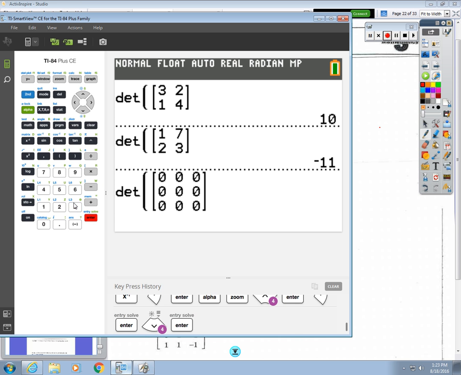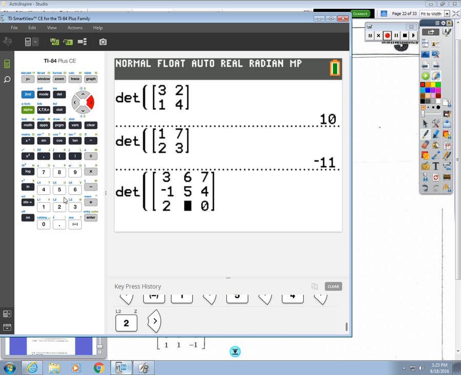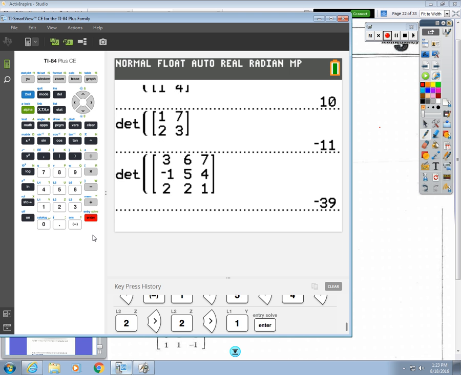So 3, 6, 7. Then negative 1, 5, 4. And then the last row is 2, 2, 1. And so the determinant is negative 39.